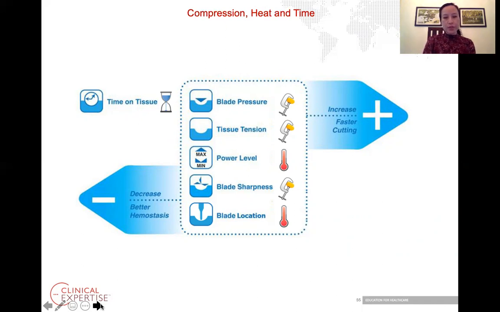Increases in blade pressure, tissue tension, power level, and blade sharpness, as well as location of the tissue towards the tip of the instrument, are associated with better cutting. A reduction in any of these factors will increase coagulation. All of these factors are further influenced by the duration of time of application, tissue type, and the thickness of tissue being cut or coagulated.